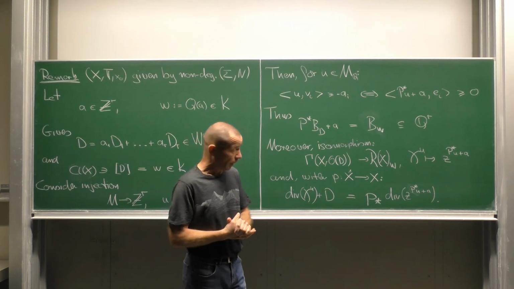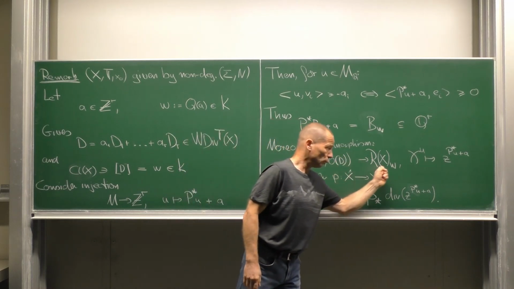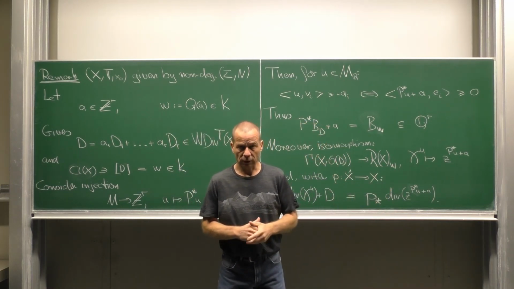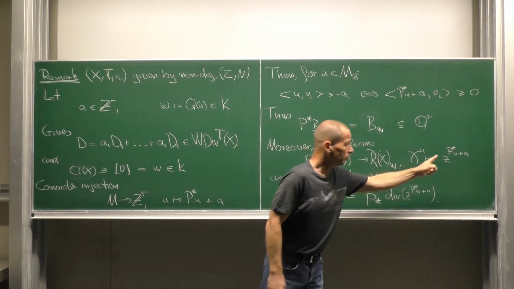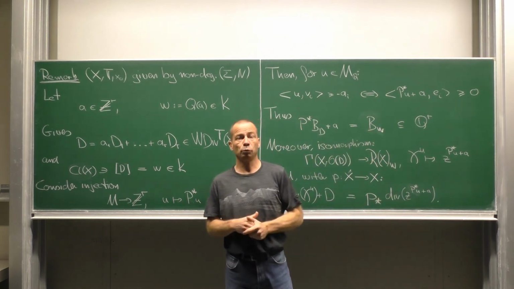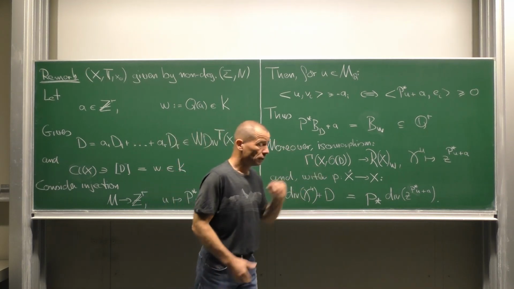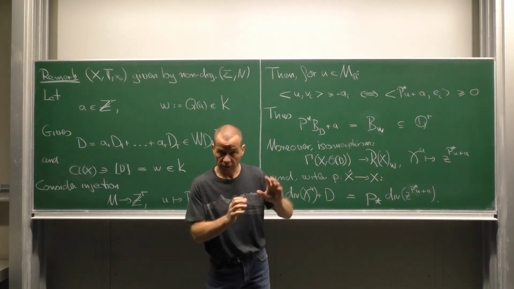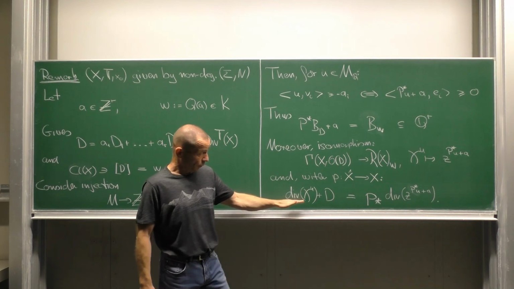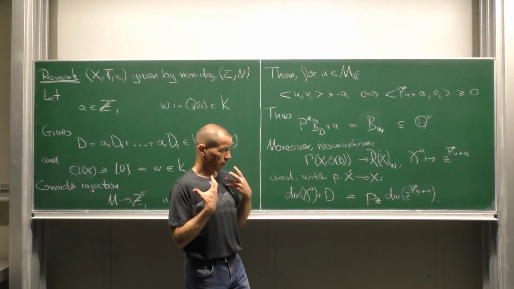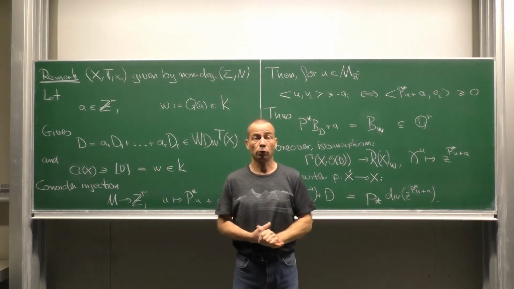Moreover, this gives us an isomorphism from the space of sections of D to the homogeneous component of degree w in the homogeneous coordinate ring, sending χ^u to the monomial with exponent vector P*u plus a. And finally, with the toric morphism p from X-hat to X defined by P, the divisor div(χ^u) plus D is the push forward of the divisor of the corresponding monomial.